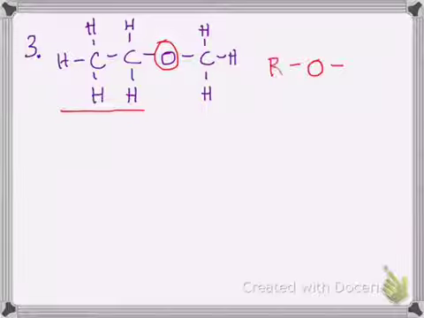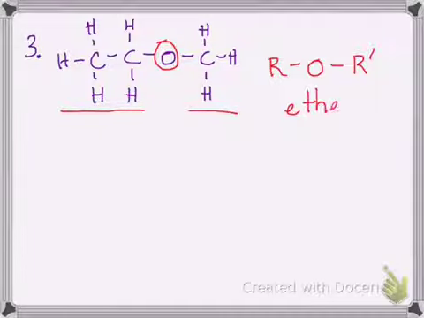That's an R group. And on the other side, I also see carbons and hydrogens. Again, that looks like another R group. Those 2 R groups aren't the same, so I'll put a prime on one side. And anything that has an R group connected, 2 R groups connected together by an O, that is a perfect example of an ether.